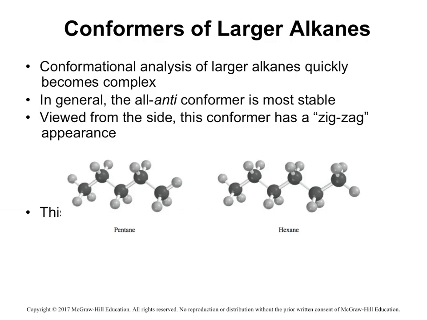There we go. So when you zigzag it, you get the idea. Then it makes it all anti with respect to the carbon right before it. So that's what they're saying here. That's one of the reasons why they like to draw it this way. It gives it a little bit more functionality. That's the lowest energy structure for it.